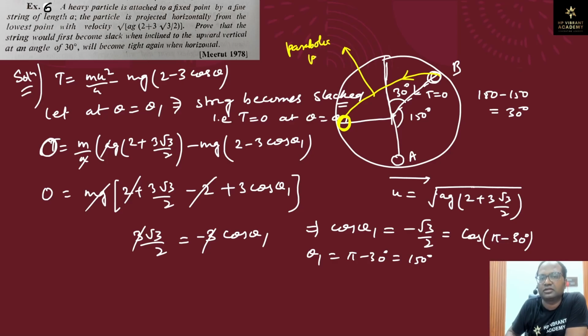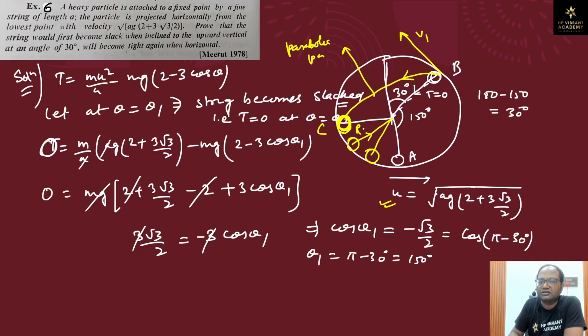Let us consider the velocity v1 here, and the initial velocity is u. So let us find v1. It will hit the horizontal diameter at this point and become tight again. Let us consider this as C. From point C onwards, it will follow the circular path like this.